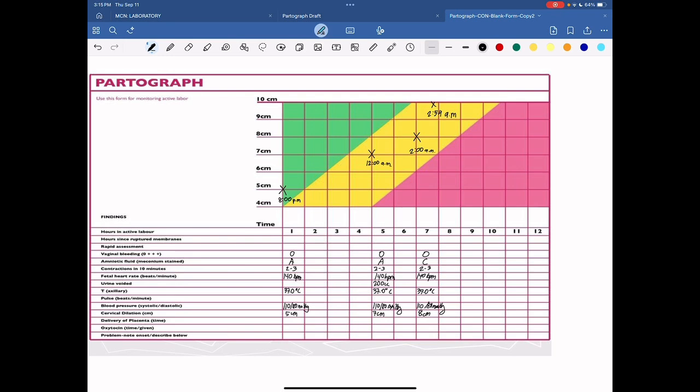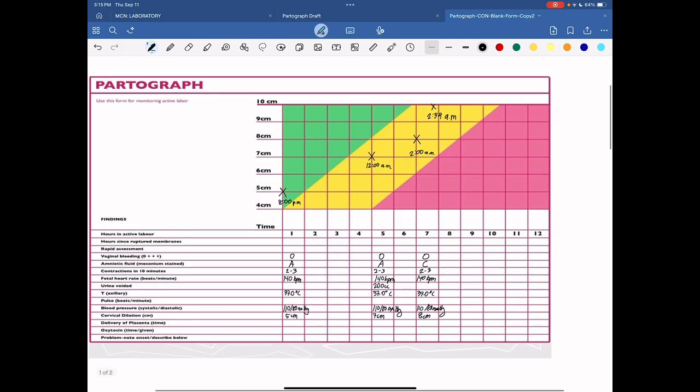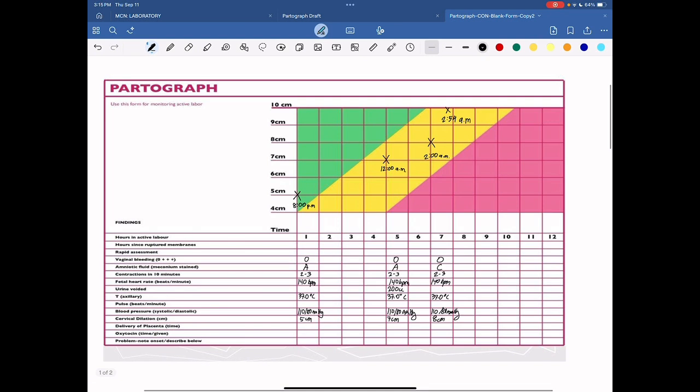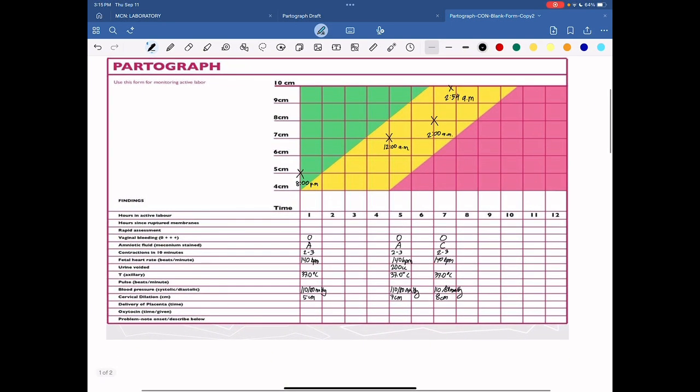Okay. So at 2:54, a baby boy was delivered, and the baby had an Apgar score of 8 and 9, which is very good and very ideal. It weighs 2,800 grams, and then 1 unit of oxytocin was given.